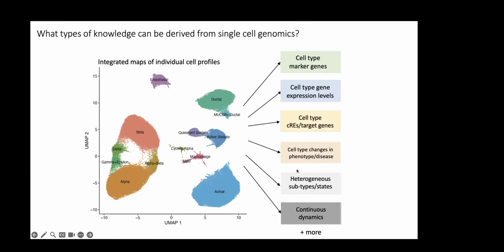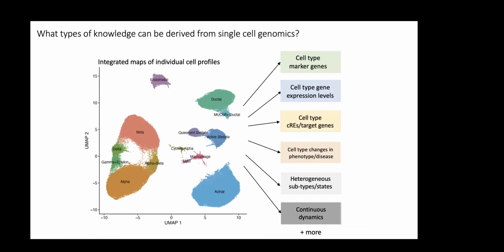Other things that can be derived from these data are some insight into heterogeneity. So if there are subtypes or substates of cell types, some of which may not have been previously known before these experiments were done and these maps were created. So for example, in the pancreas, I think probably not too controversial at this point, there have been identified, just for one example, multiple subtypes of ductal cells, in particular a subtype of ductal cells that has high expression of mucin genes.